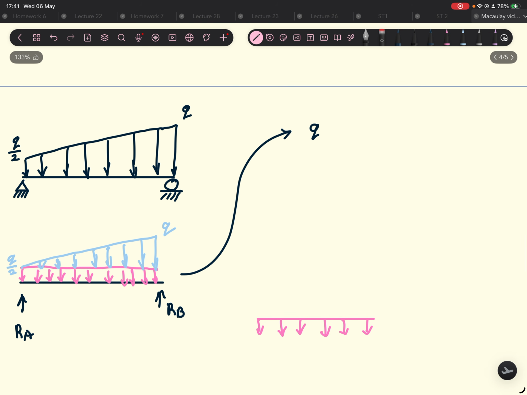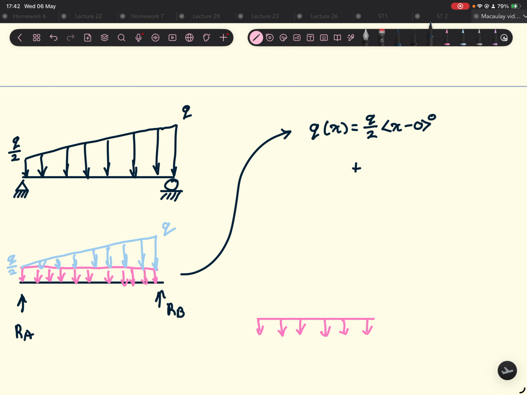So for the bottom portion, we're going to get Q over 2 times x minus 0 to the power 0, because it's constant, it doesn't change with the length of the beam. Then we're going to add to that the triangular portion now.